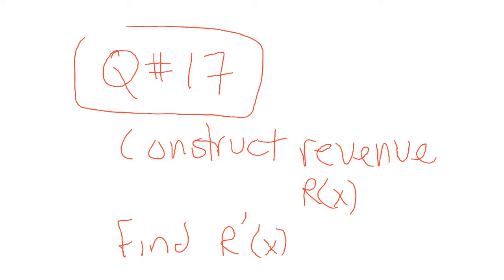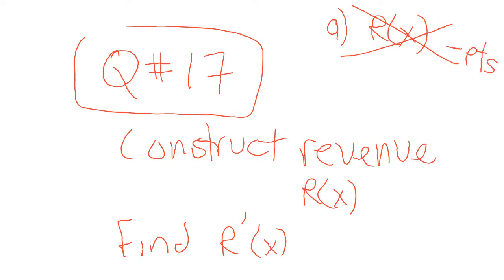But the way I grade, just so you know, part A was asking you to construct the revenue function, right? So let's say you got part A completely wrong. You just totally missed the mark. You would miss those points. But then what I did was whatever your wrong answer was, I took your wrong answer and I reworked problem B. And if I got the same thing you got, you got those points.